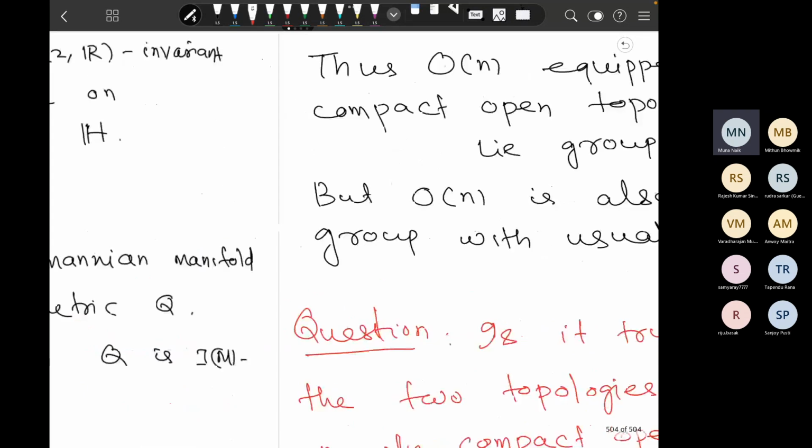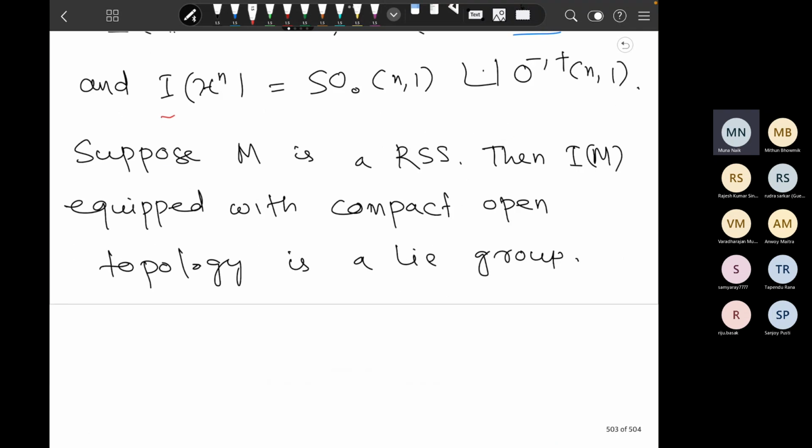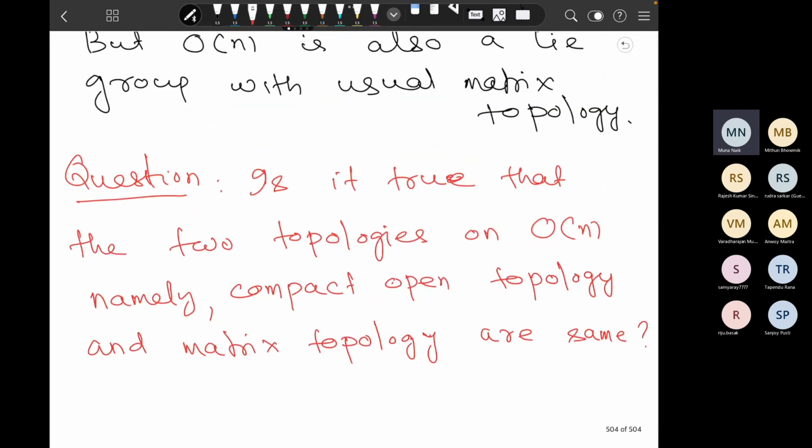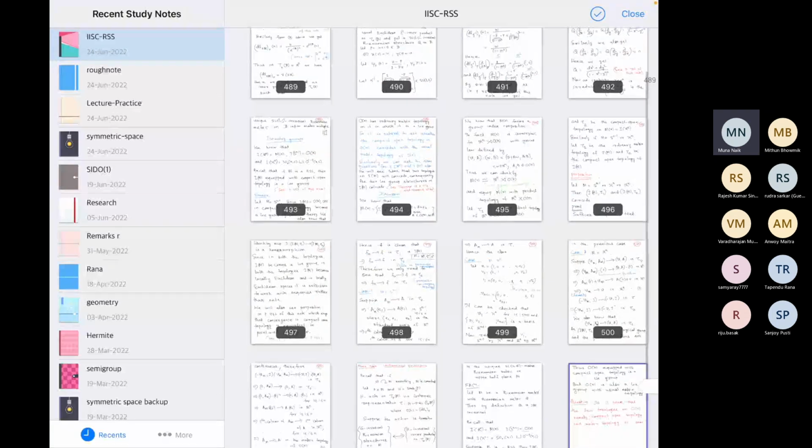And similarly, you can ask this question for M(n) or I(H^n) also, because these have some natural notion of topology, and for those also the two topologies coincide. I have written down the proof of this result in my note, which I have forwarded to you.